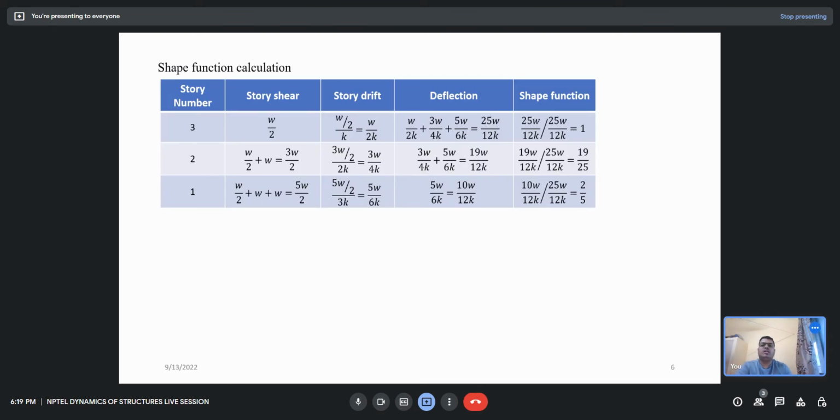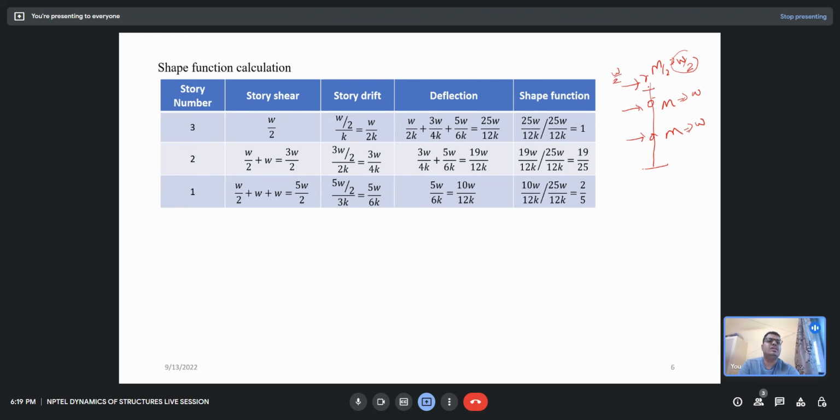So for this, in my story, that is m by 2, or if you multiply it with the g, that is the w by 2 weight, that is w, again that is w. So w is the weight or the force, considering this is the force applied at that point, this is the force applied at that point, this is the force applied at that point. So this is w by 2.